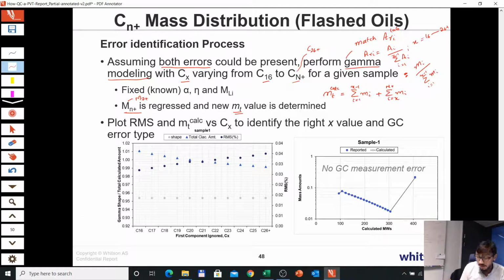Okay, so n plus is here, and this is what we call mx plus.